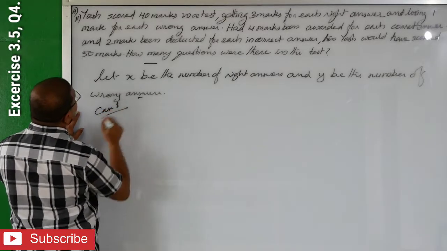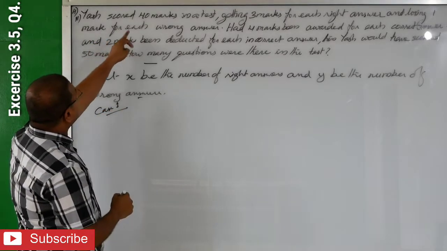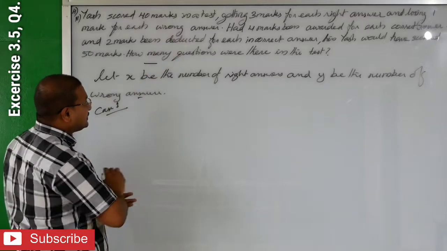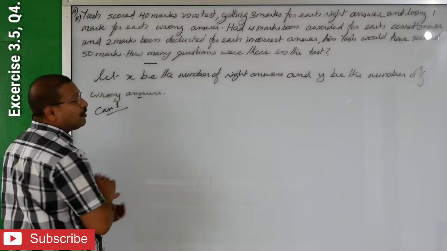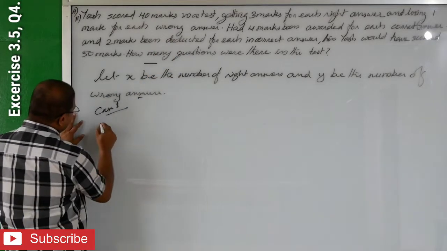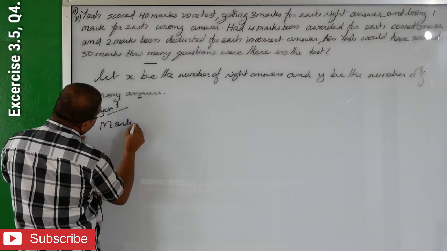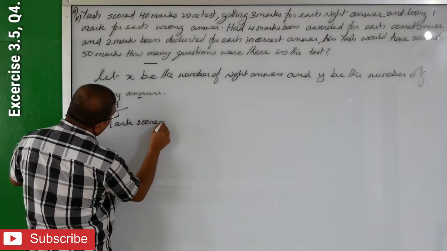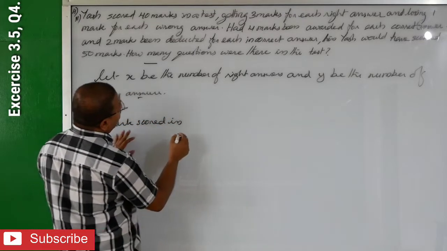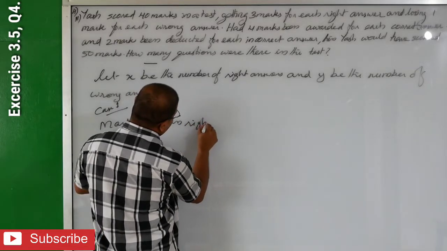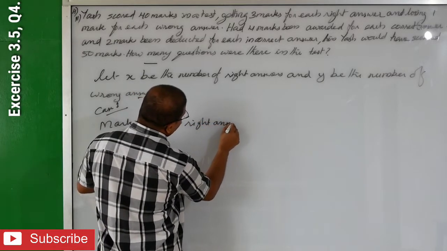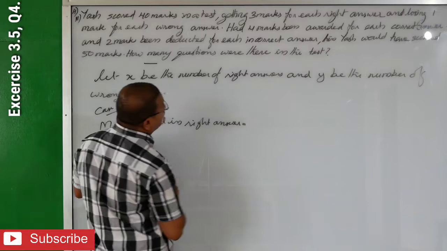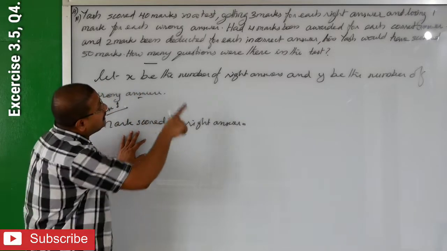Case 1. Yash scored 50 marks in a test, getting 3 marks for each right answer. That means marks scored in right answer equals, what will happen? Each question awarded 3.